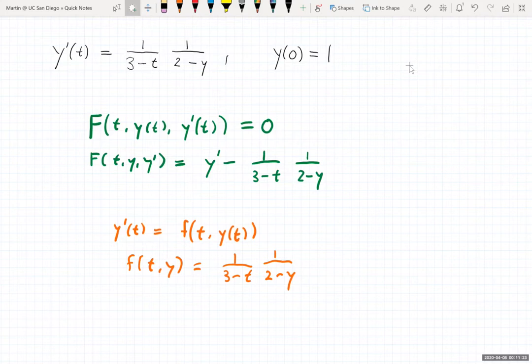And in this case, f can be written as f of t, y, and y prime. It takes the time variable and two more variables corresponding to y and the first derivative of y. And this function f is defined as y prime minus 1 over 3 minus t times 1 over 2 minus y.